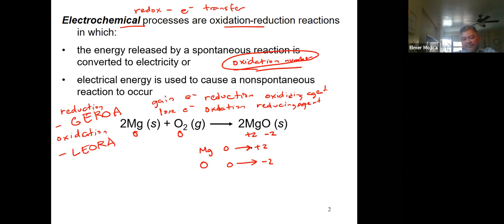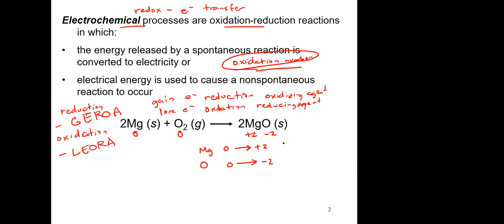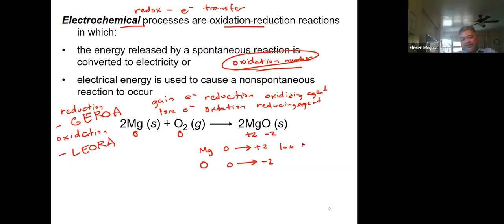What happened here? Did they lose or gain electron? Lose. Okay. So you lose your electron here. That's why you become positive, because you lose some negative thing. Now, on the other hand, your oxygen from 0 becomes more negative. So that means it gained electron.